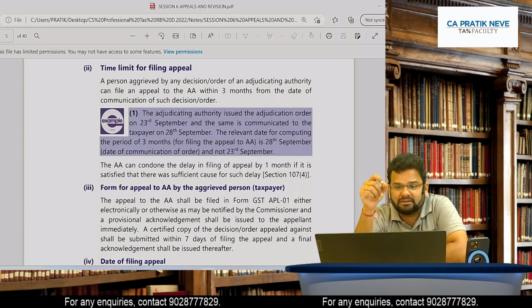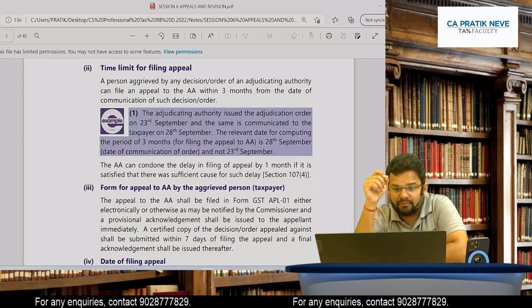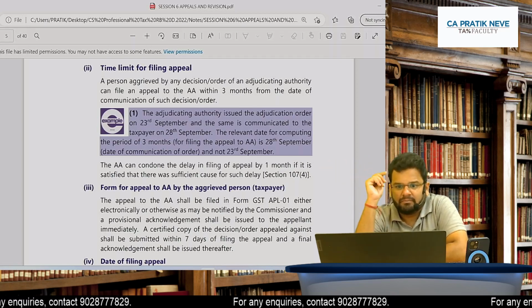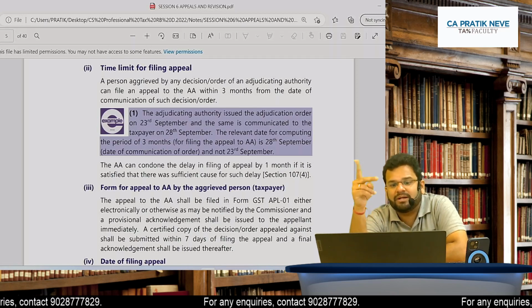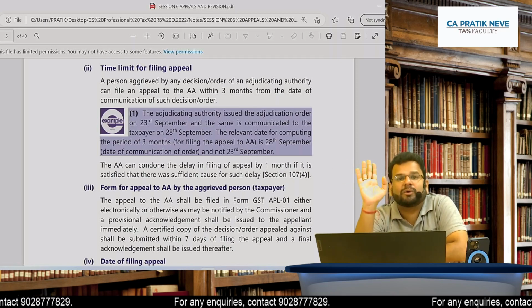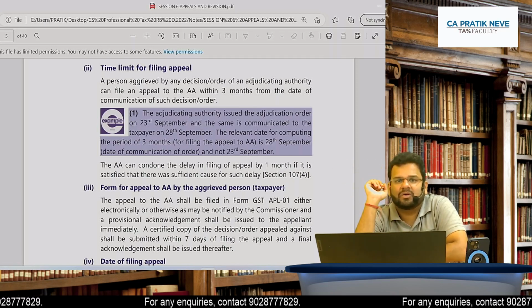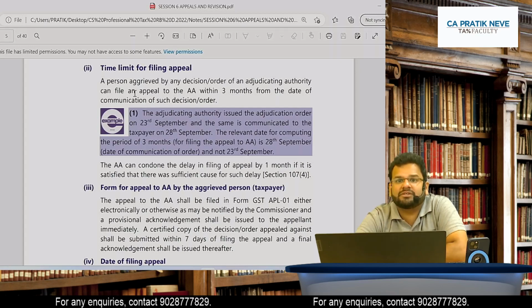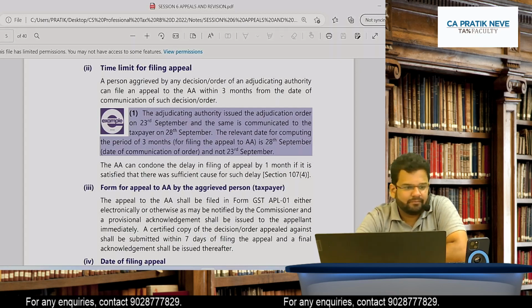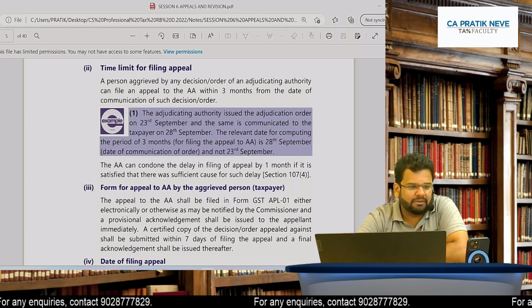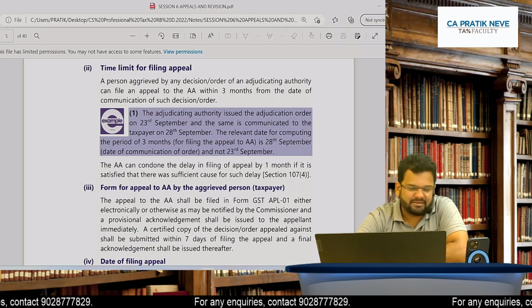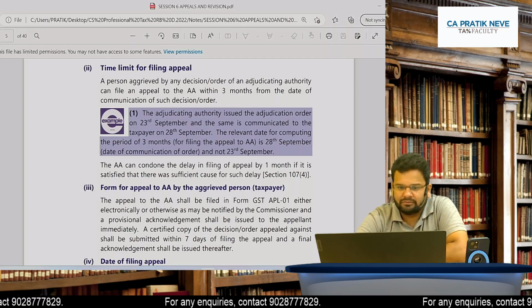The relevant date for the 3 months is 28th September. It will be calculated from 28th September and not 23rd September. Why? Because the point is from the date of communication of such decision or order. Did you get the point? Please quickly let me know. Yes, very good.